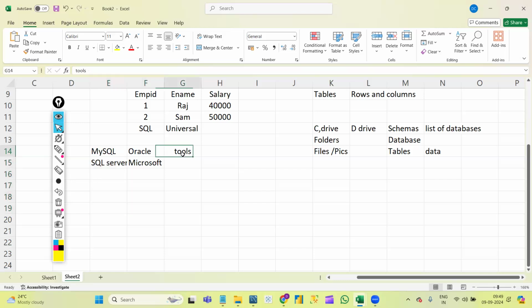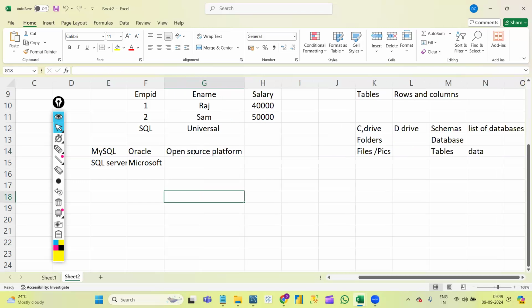The reason we are using MySQL is that MySQL is an open source platform. Open source means companies need not pay to use MySQL. It is freely available.